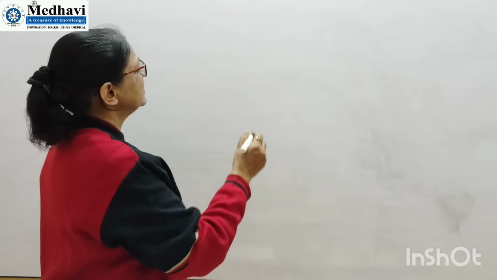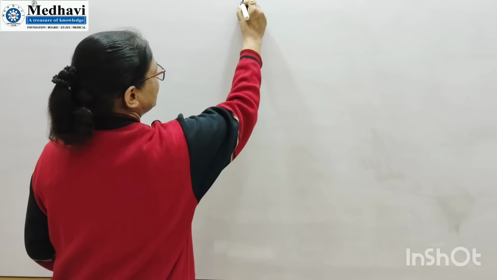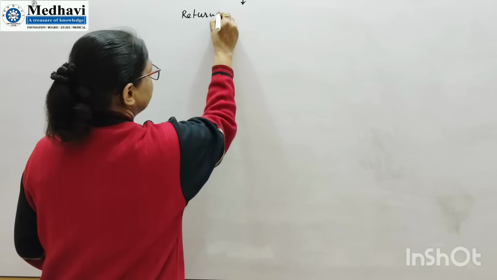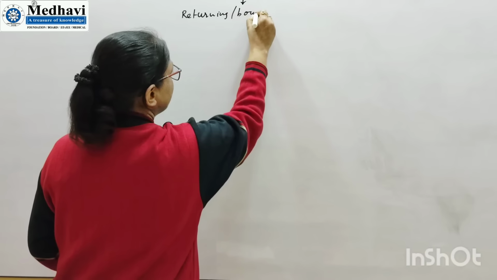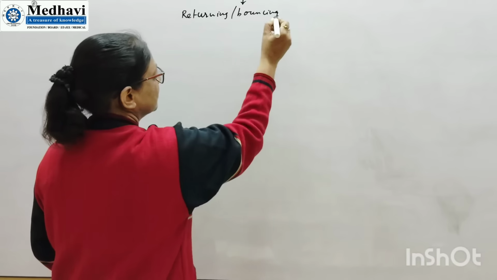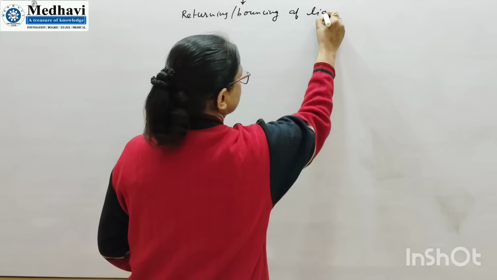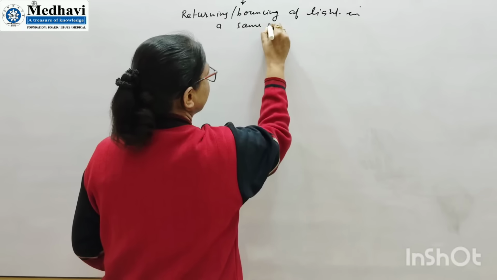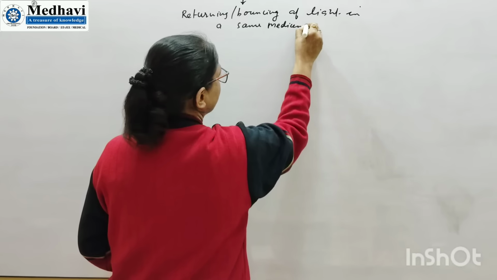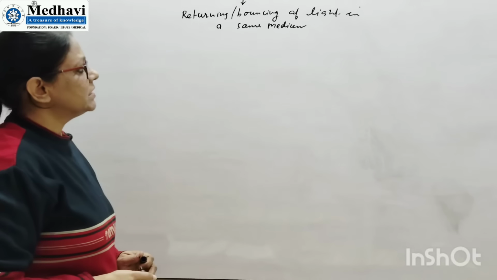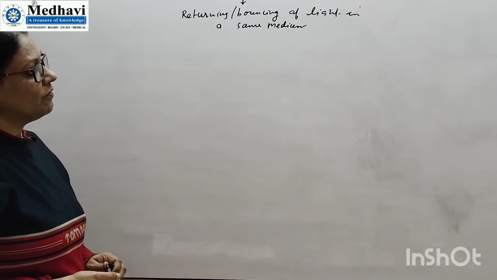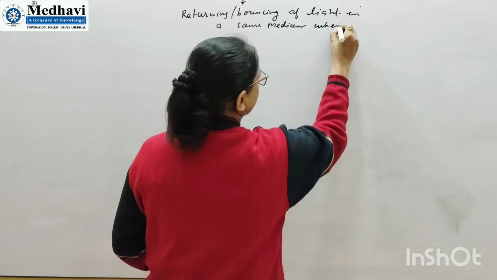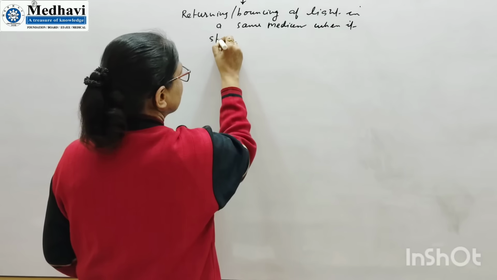So the first word is reflection. Reflection is the returning or bouncing of light in the same medium when it strikes a surface.